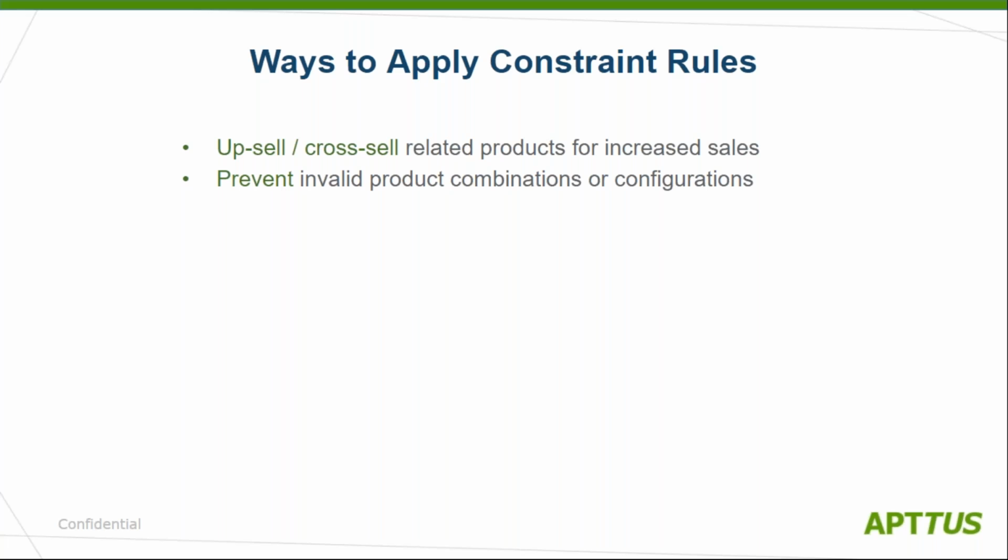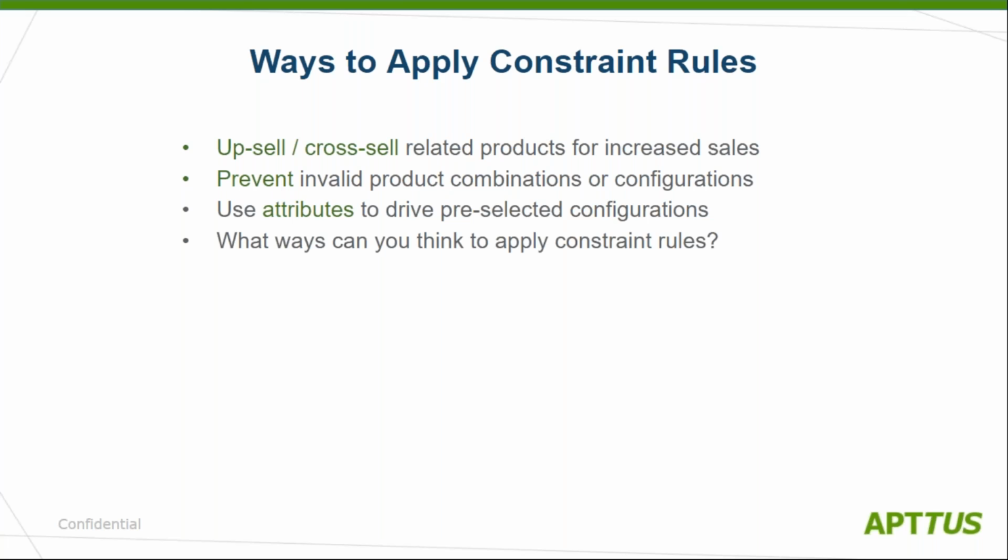So this was one example where if you are an enterprise customer, you should only be able to see enterprise products. You cannot see the global and the corporate customer products. Then we can also use the attributes to drive pre-selected configurations. So with attributes we can set it up so that if you are selecting a value, then on the basis of that, the other value gets selected, like some product should get selected.